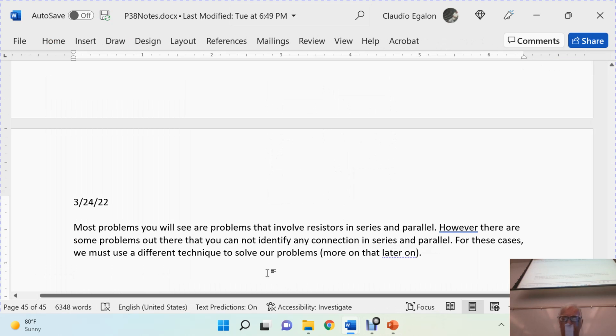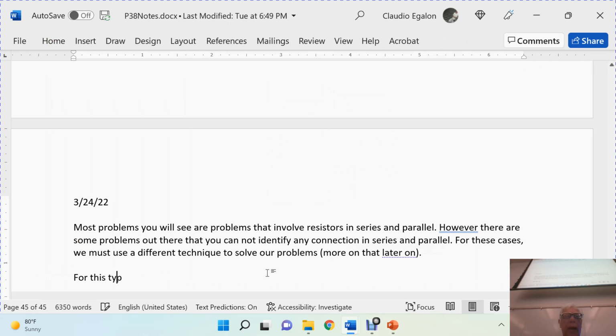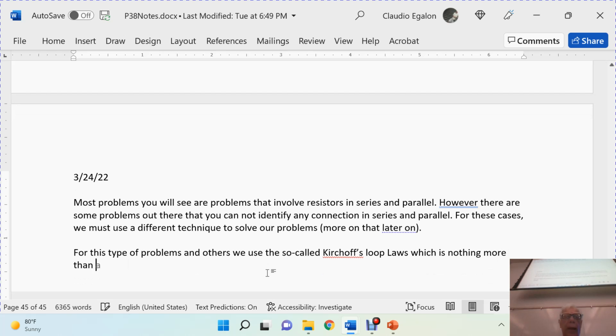For these types of problems and others, we use the so-called Kirchhoff loop law, which is nothing more than two separate statements.